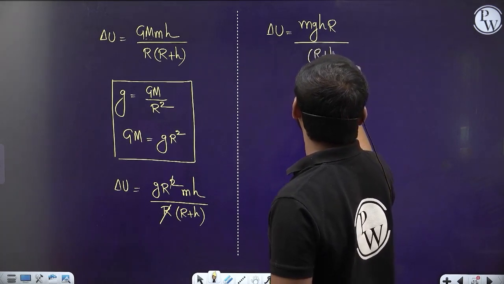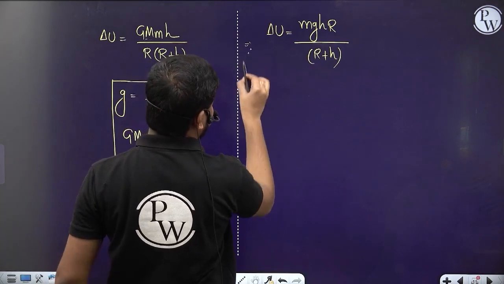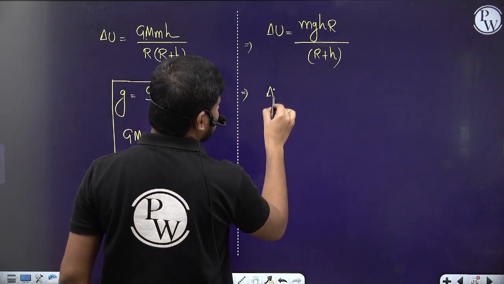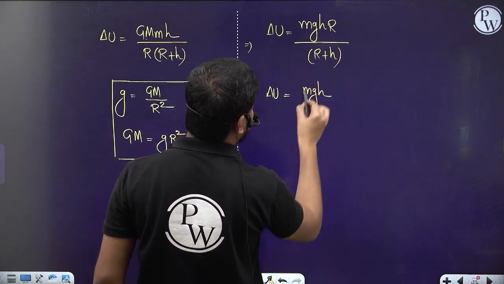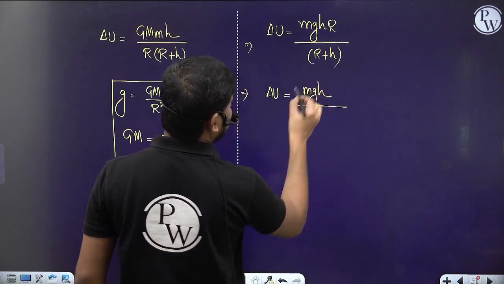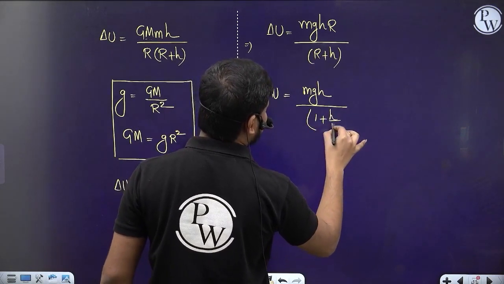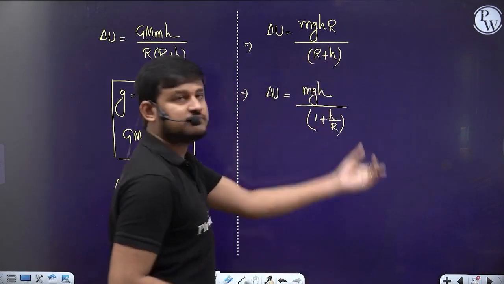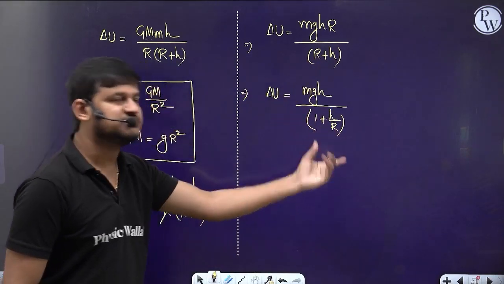Let's divide the numerator and denominator by r, so delta U is equal to mgh, and dividing each term in the denominator by r, we finally get 1 plus h by r.